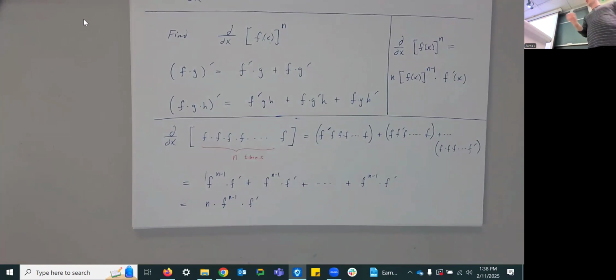It's not the most general chain rule version, but it does elicit that chain rule idea that we are differentiating the outer function being raised to the nth power. We're leaving the insides alone. And then after we do all that, we multiply by the derivative of the inside. You're probably going to hear me say that a lot of times, but it's really the very important idea of how the chain rule works.